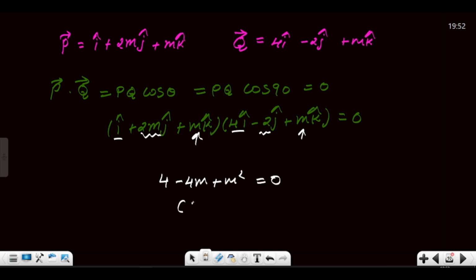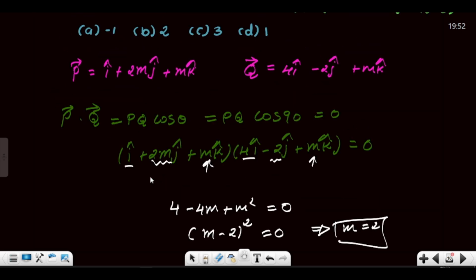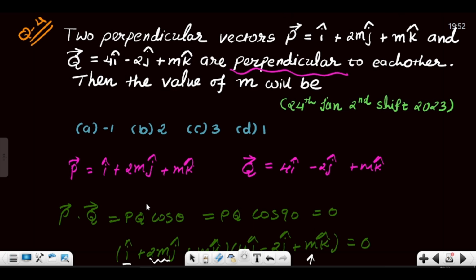If you see carefully, this is (m minus 2) whole square equals 0, which implies m equals 2. So our answer is 2. The value of m will be 2.